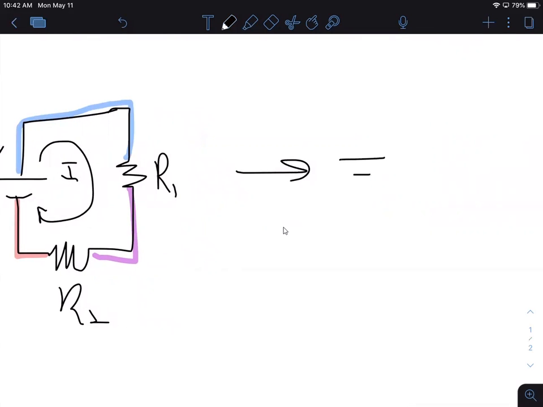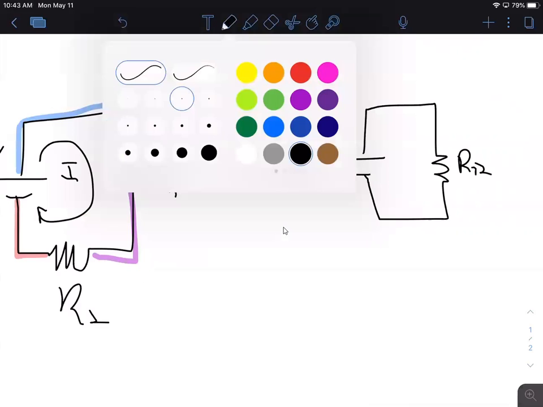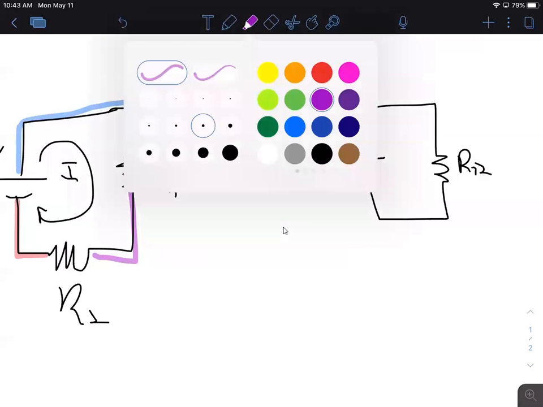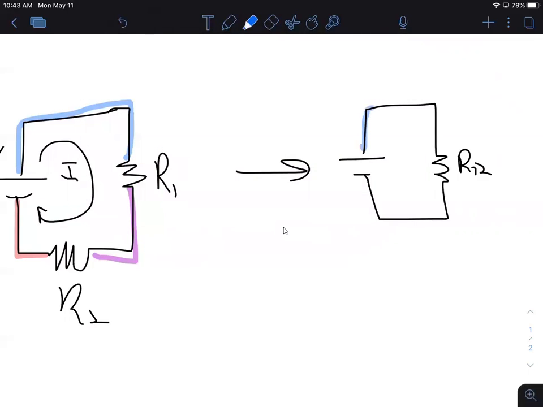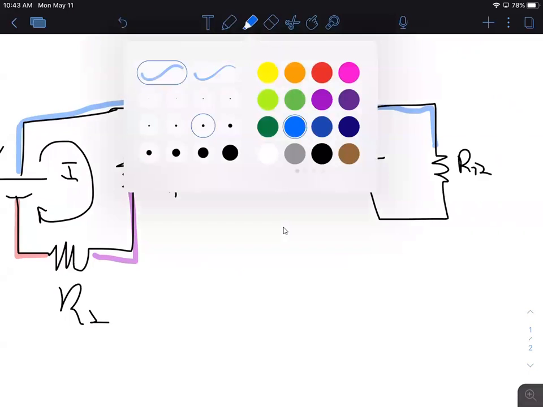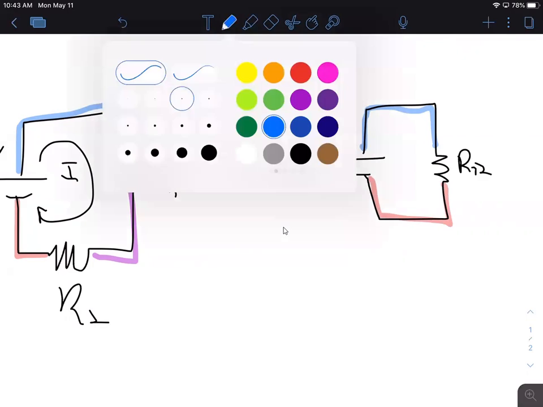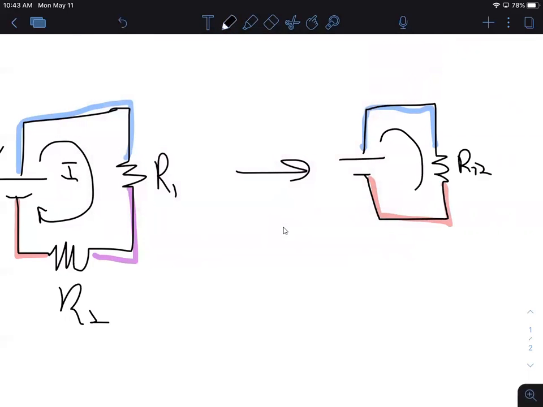into our combination, call that R12, such that it's easy to find this potential difference, and thus easier to find exactly what this current is.